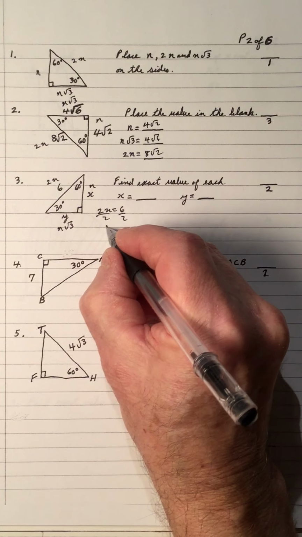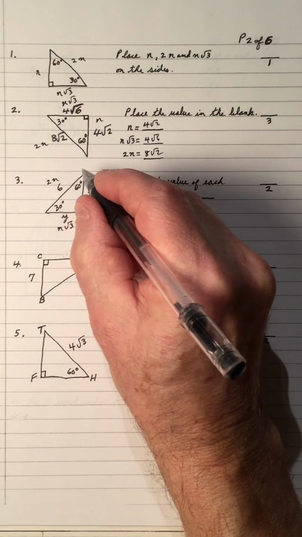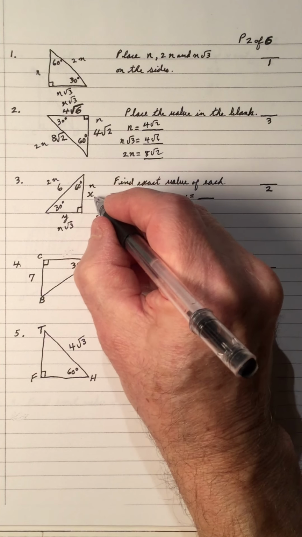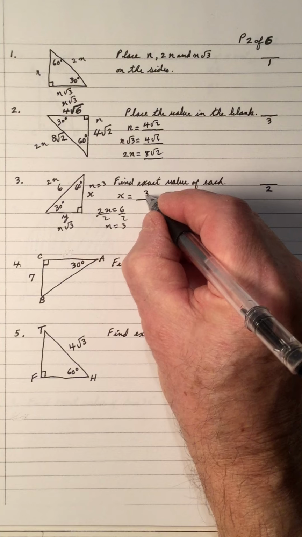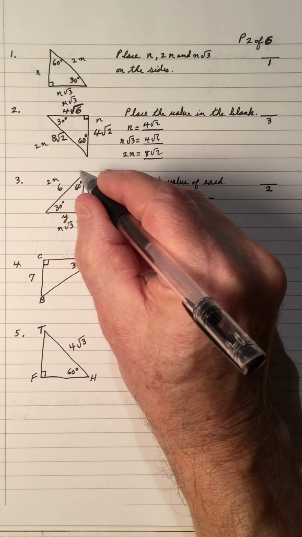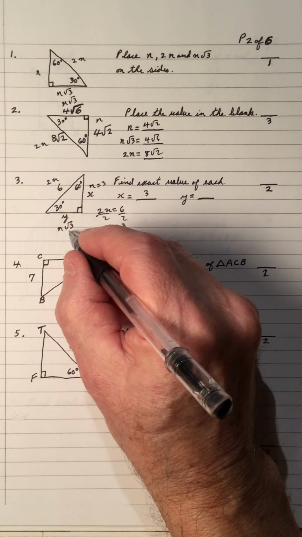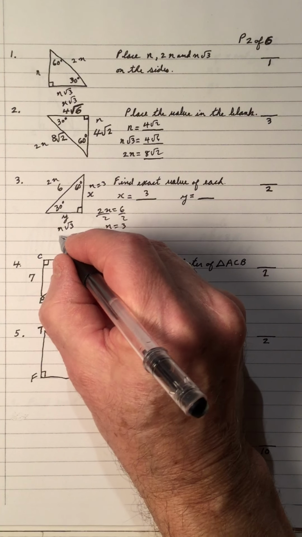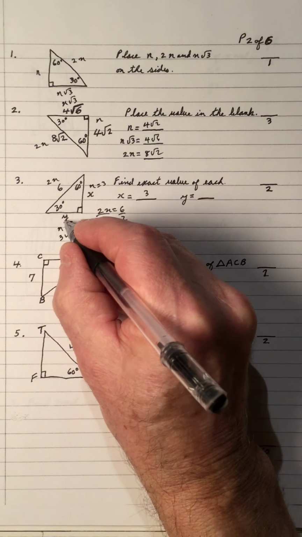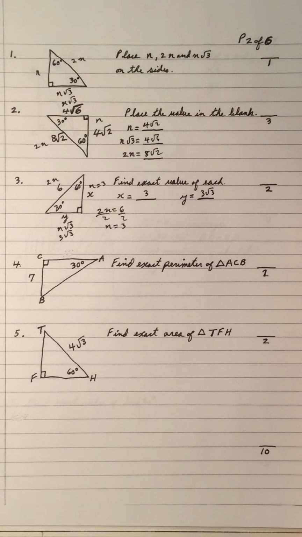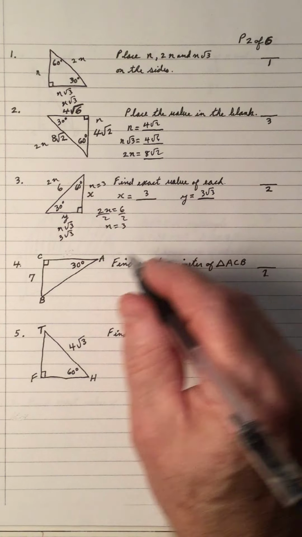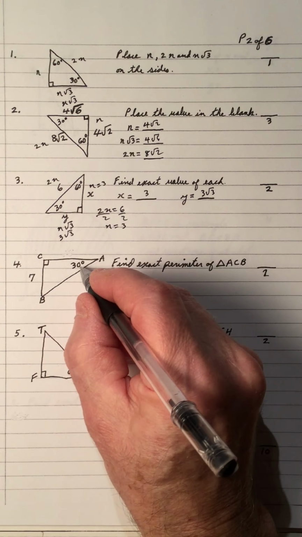Divide by 2 means n is equal to 3. So x is 3, and that means n is 3, so 3 root 3. So y is 3 root 3. And for each one, give yourself a mark. 2 marks.